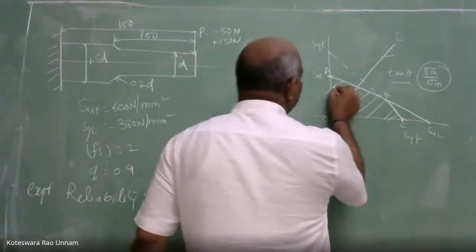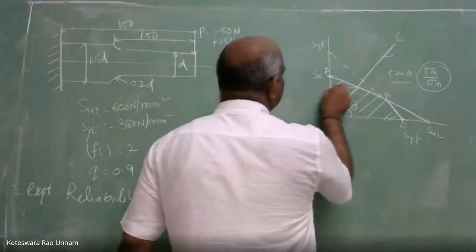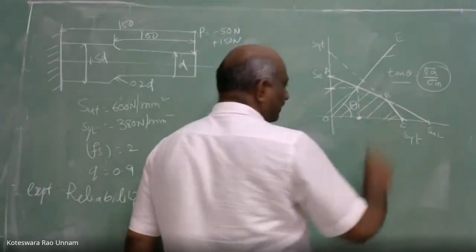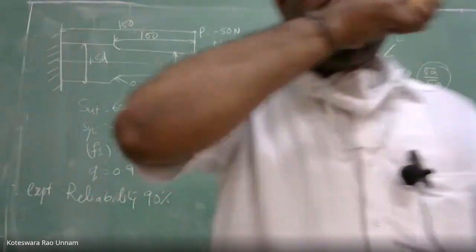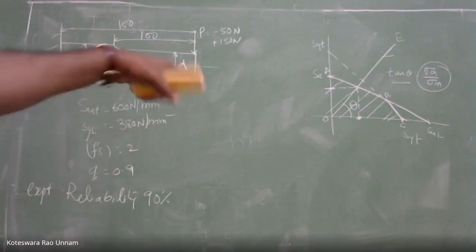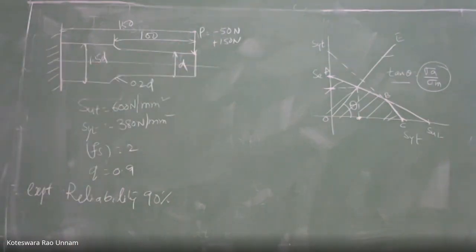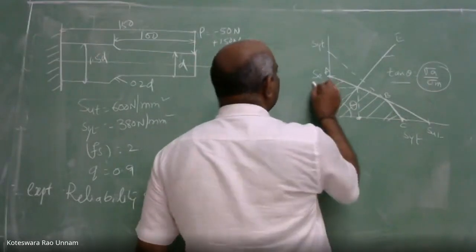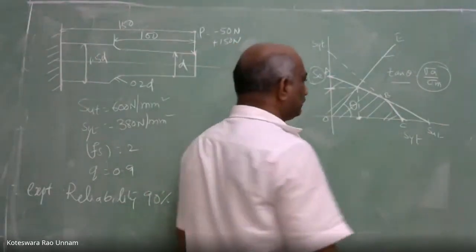Then if I project the point to here, this is the SA value and this is your SM value. That is strength corresponding to mean stress, a combination of mean and amplitude stress. These are the strengths. So now we need to construct this modified Goodman diagram. To do that, we require this SE value.